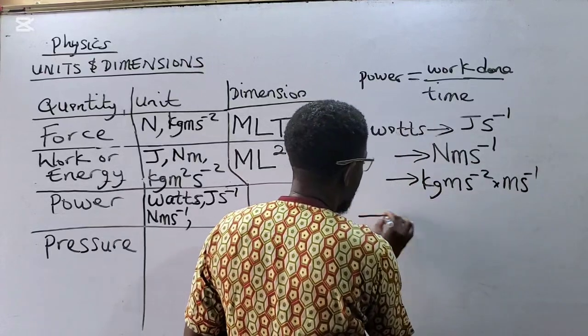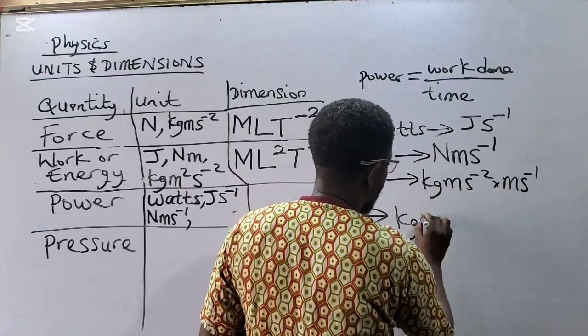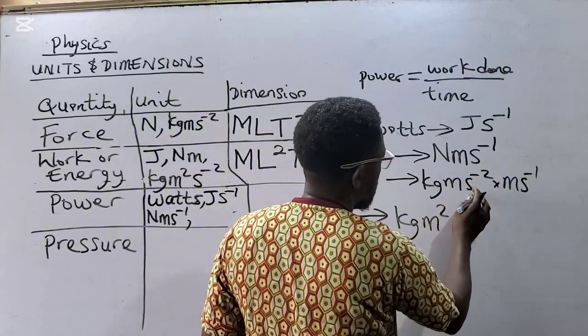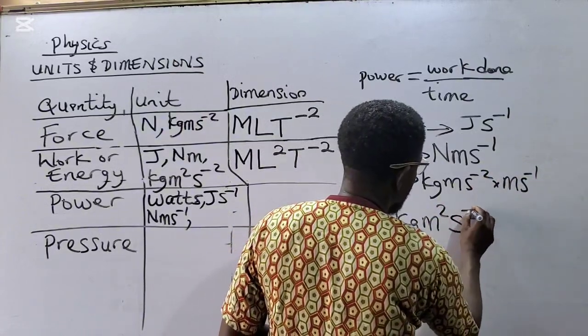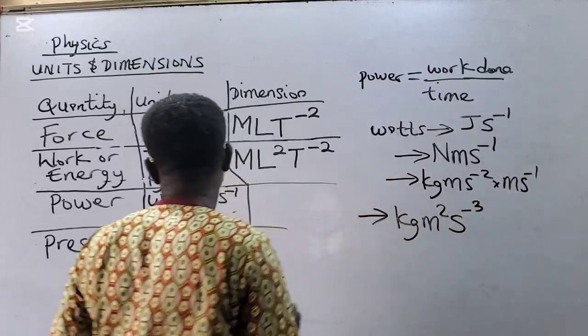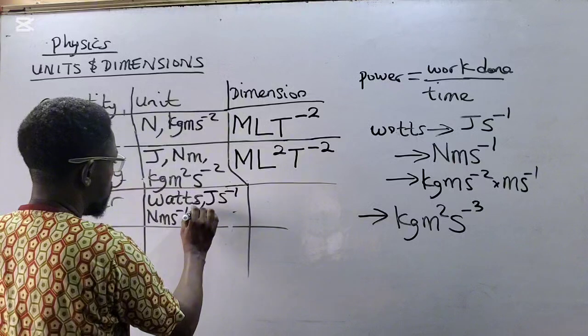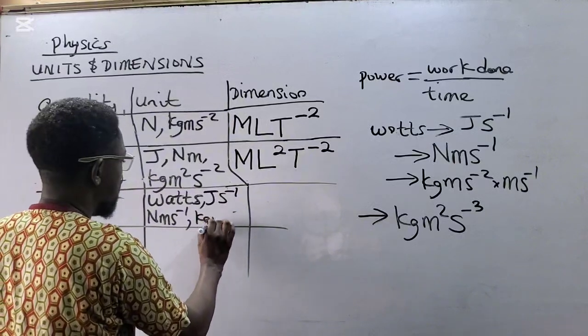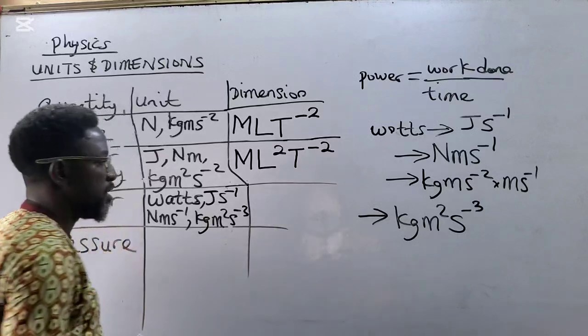Combining everything, I get kilogram, meter times meter is meter squared, then second to power minus 2, second to power minus 1, second to power minus 3. So the unit of power is also kilogram meter squared second to power minus 3.